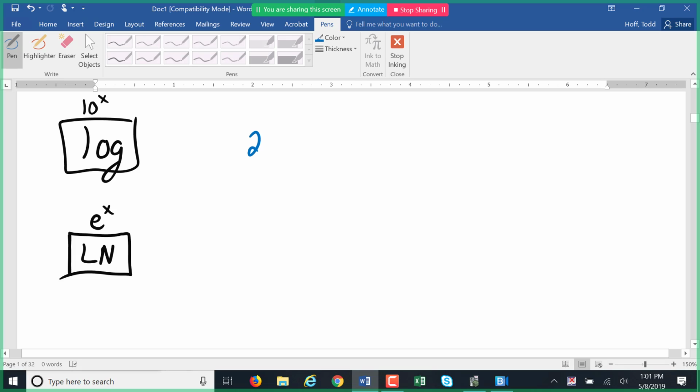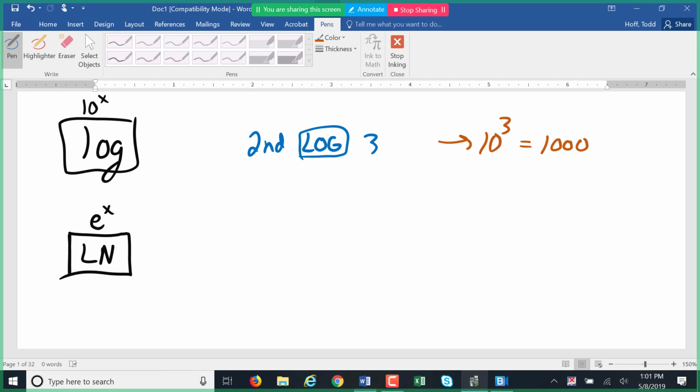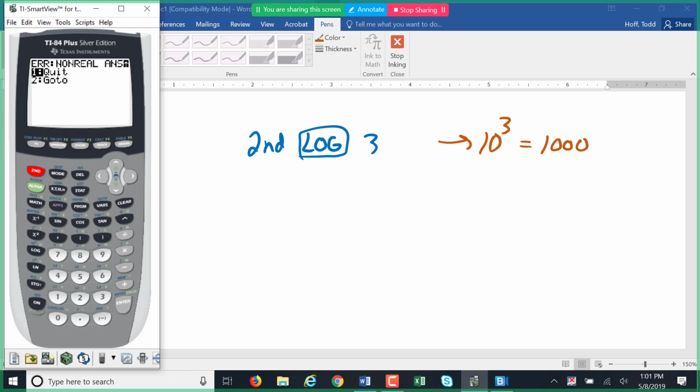So if you do second log key 3, what that's really entering into your calculator is 10 to the power of 3. Of course, that better be 1,000. If we try it, second log 3, and notice it even displays the 10 to the power of 3 and gives us 1,000.